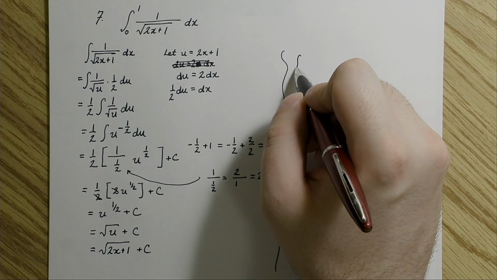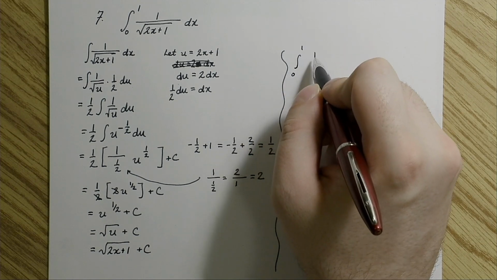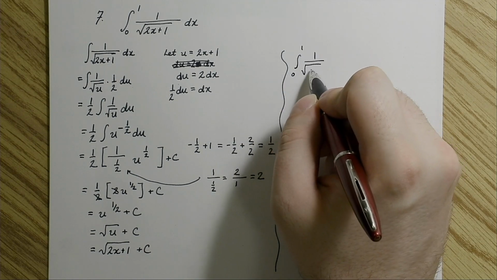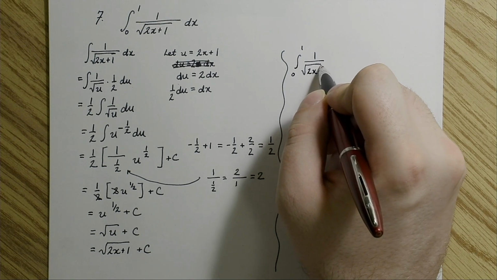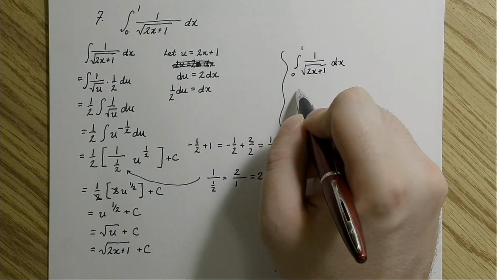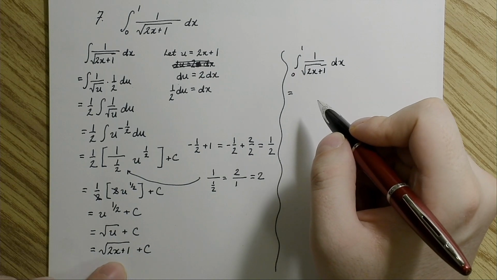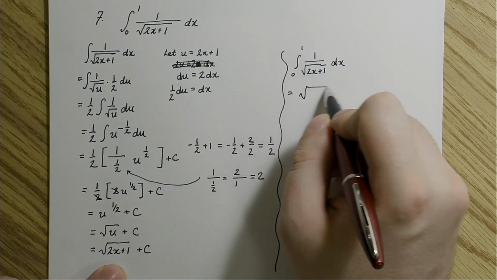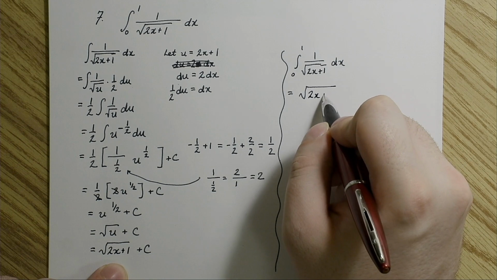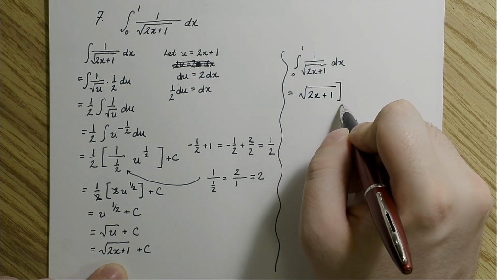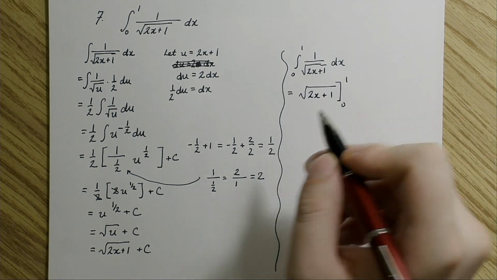So then when I integrate it from 0 to 1, I have my antiderivative, which is the square root of 2x plus 1. And here are my limits from 0 to 1.